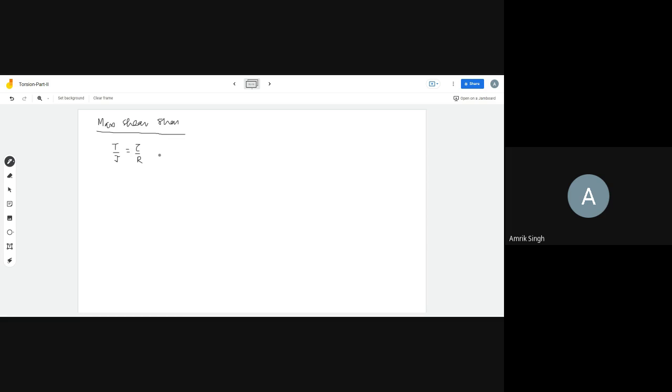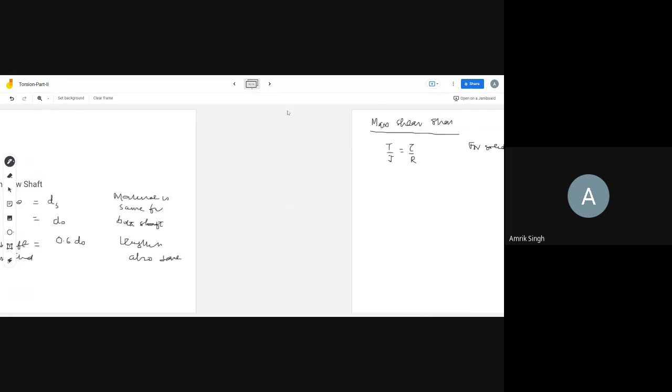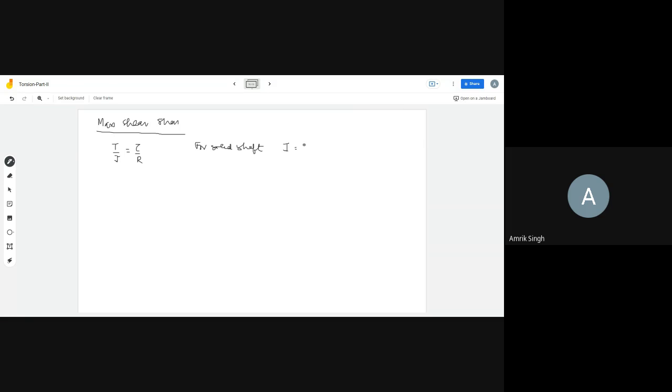For the solid shaft, J is given, because the diameter we have taken is ds, by pi upon 32 ds to the power 4.